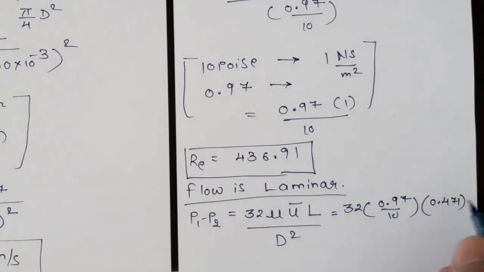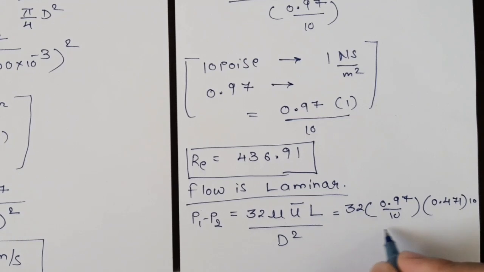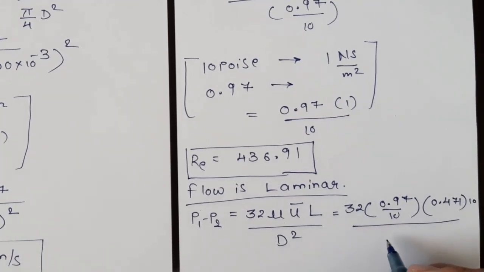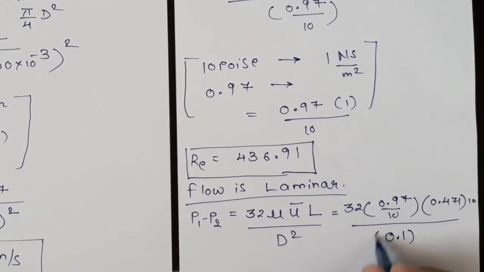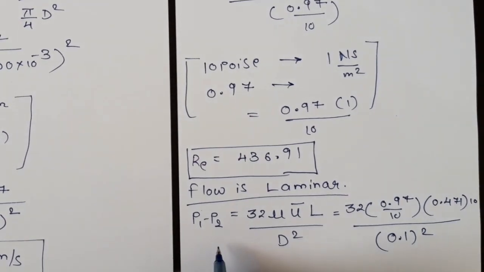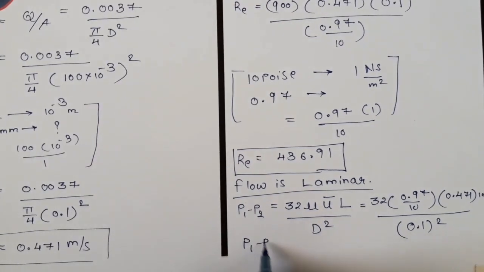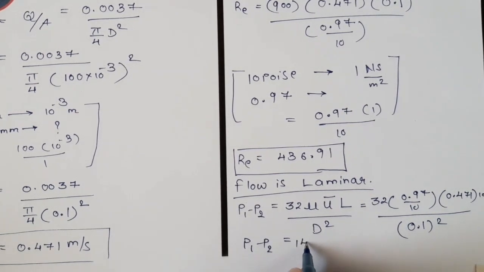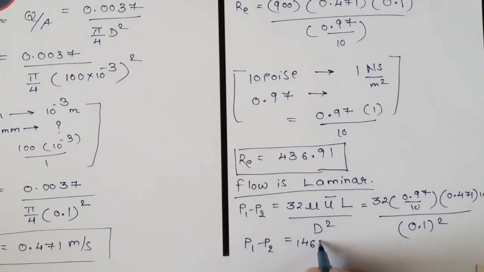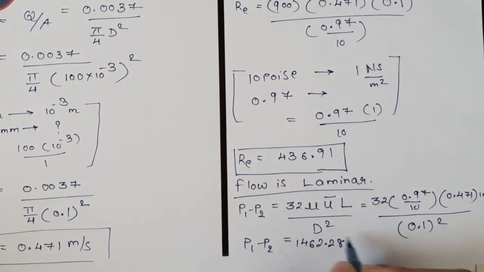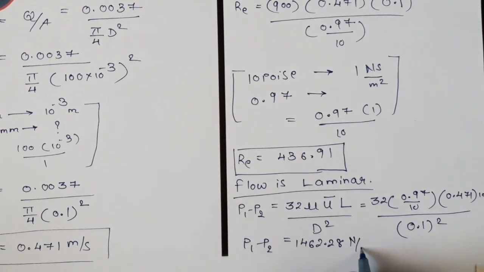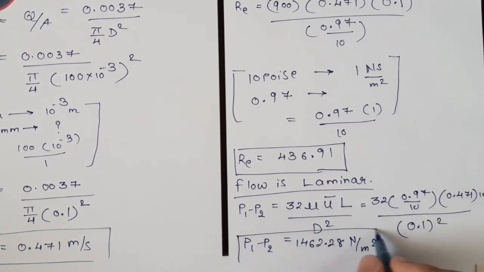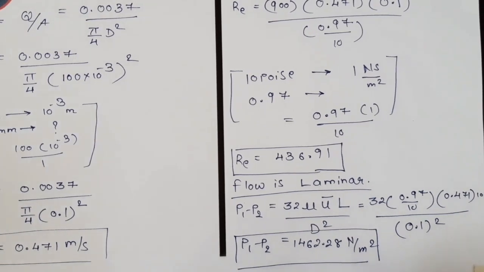Here length of the pipe is 10 meter, so I will write 10 divided by d square. What is d? It is 0.1 the whole square. Now if you calculate this equation, we get P1 minus P2 equals 1462.28 Newton per meter square. So I hope you understood this sum.